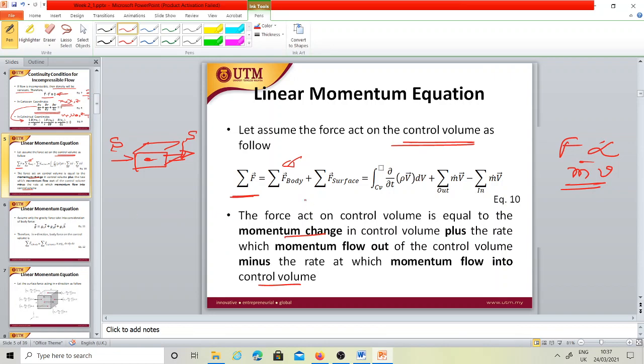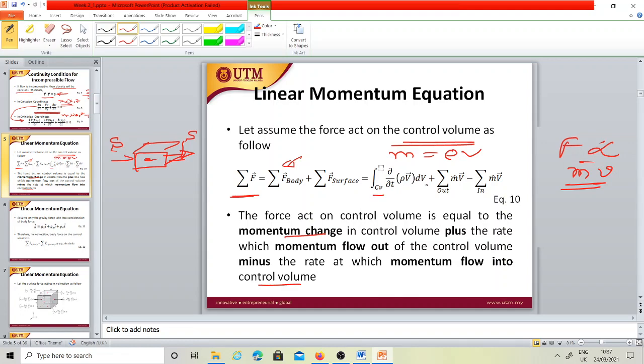We can write that m is equal to rho v. Inside the body, if you consider the total body force, we have m equal to rho v, then we integrate over the control volume (CV).